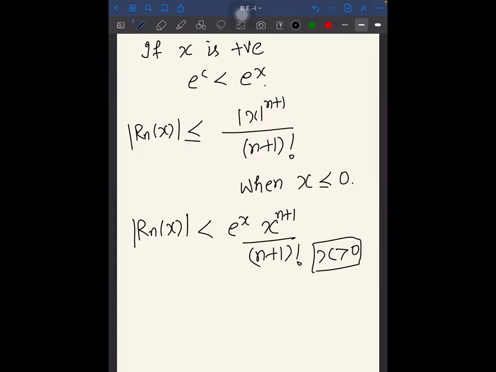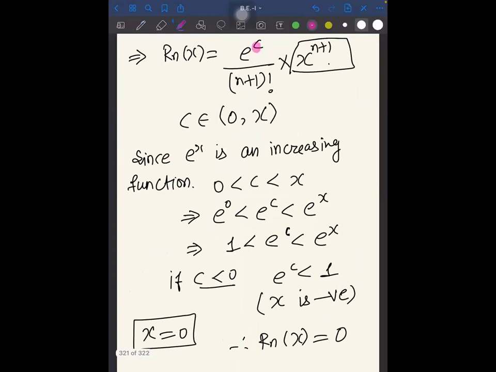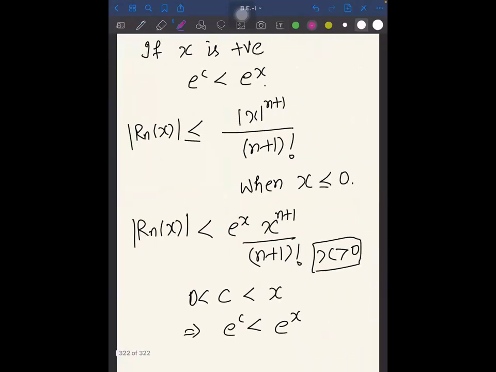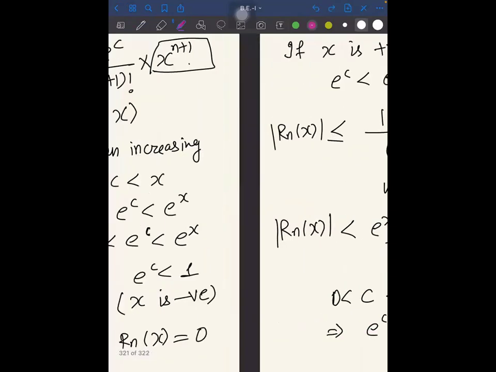See, c is between 0 and x, so your e^c will be smaller than e^x. What I've done is smartly replaced e^c by e^x, because the exponential is an increasing function. So of course e^c will always be less than e^x. Are you getting this?